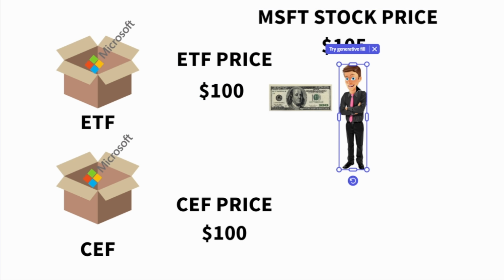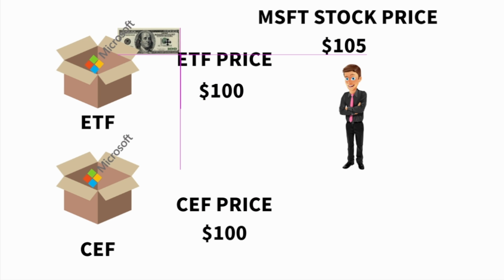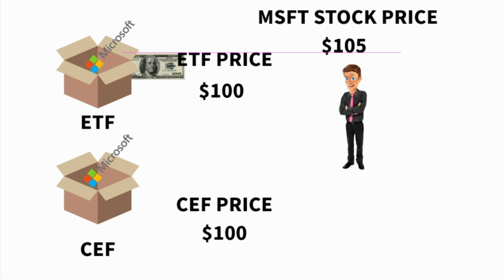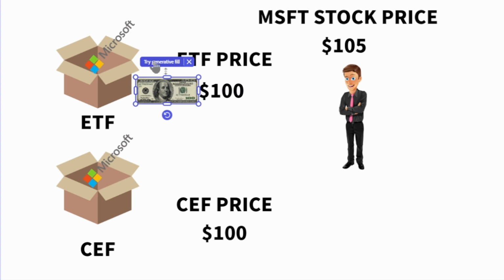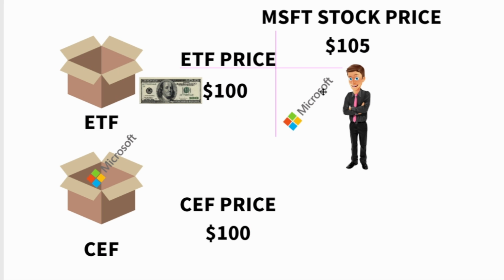So a hedge fund or a big institution can buy out some of the stock from an ETF if they do it in big chunks, like maybe 10,000 shares or something like that. In this case, this hedge fund guy would go to the ETF and say, look, here's $100, right? I'll give you $100 because that's the ETF price, and you give me a share of Microsoft.